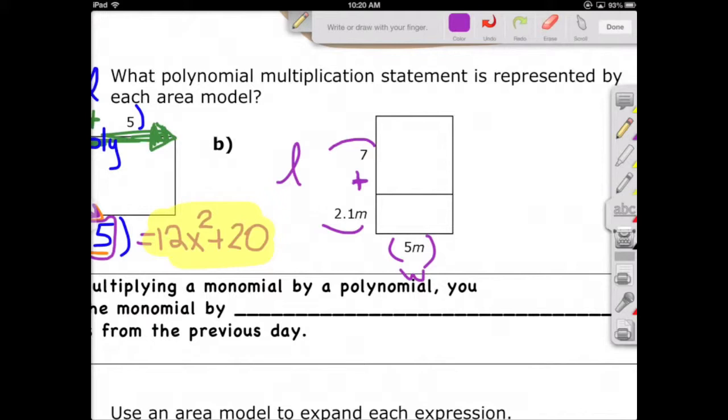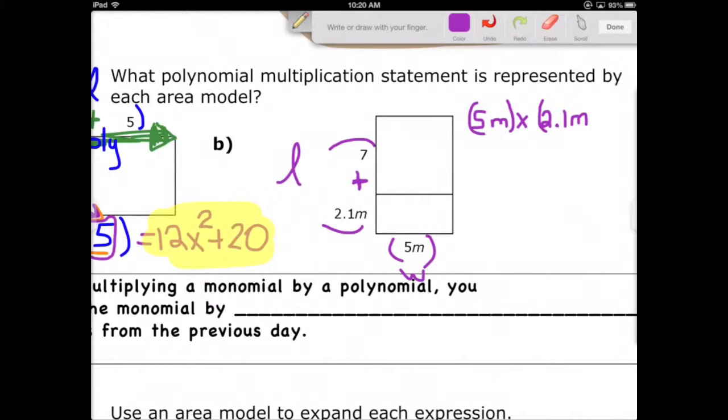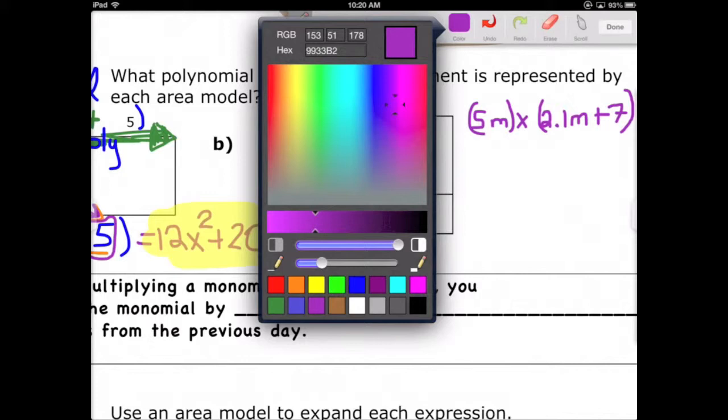So our answer is going to be 5 meters multiplied by 2.1. Now this time I've actually put the multiplication sign in between. 2.1 m. Did I say meters? 5m multiplied by 2.1 m plus 7. There we go. So again, what we need to do is call up our distributive rule.